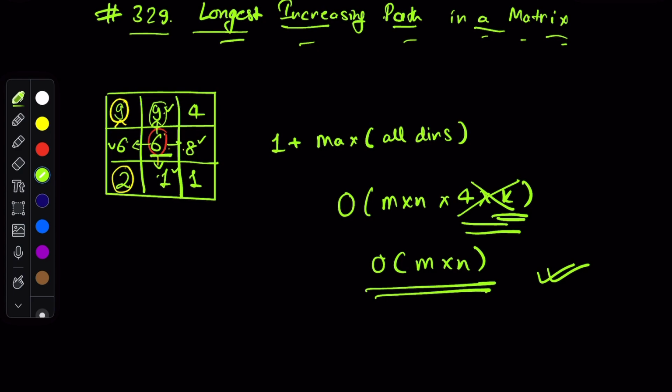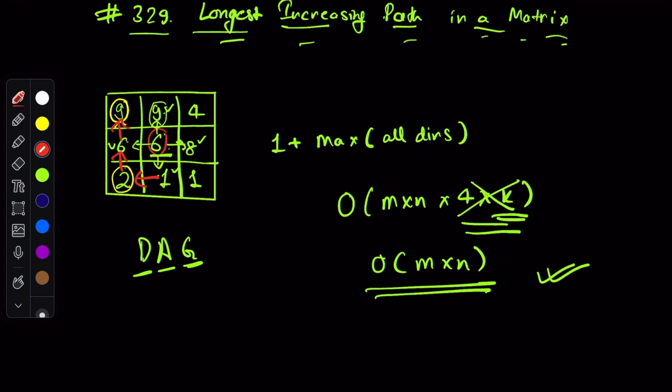Another observation we can see is that these paths form a DAG, which is a directed acyclic graph. You see that these are all directed. Let's look at this one.